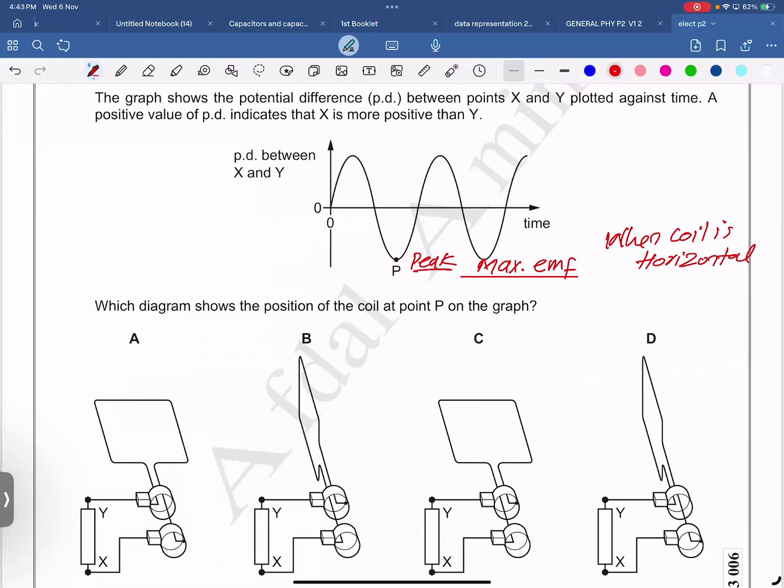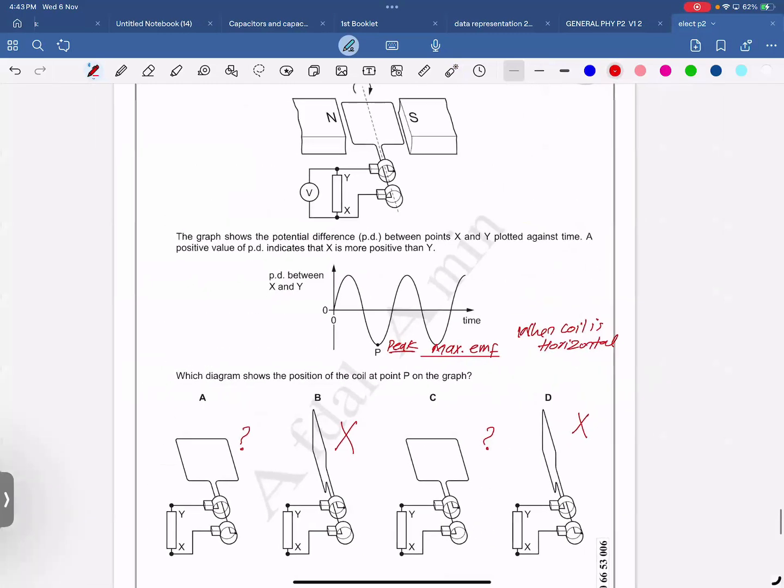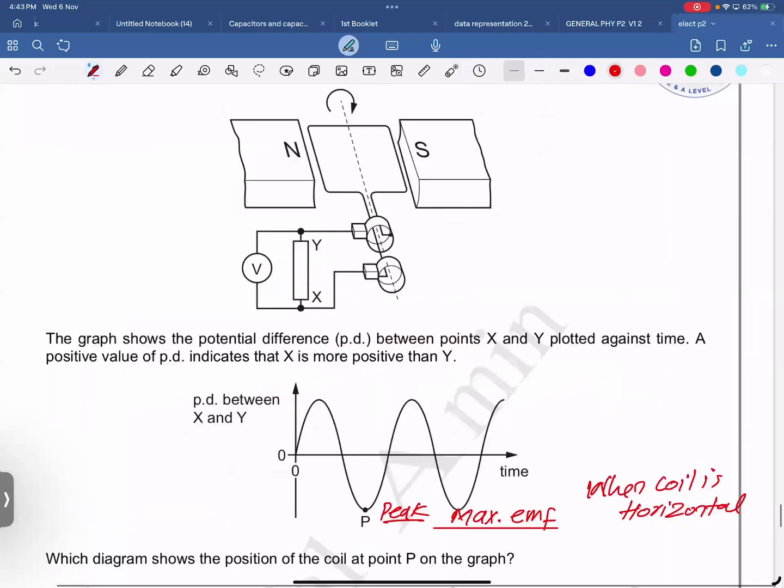So they ask which diagram shows the position of P for this graph. I told you the coil must be horizontal for maximum. So coil horizontal, maybe option A, maybe option B is wrong, D is wrong. Now look, one diagram as per the given diagram is wrong. Let's check the given diagram.